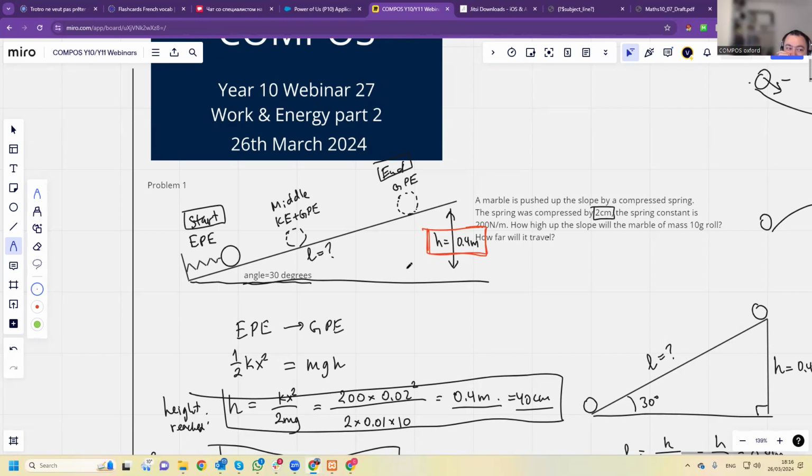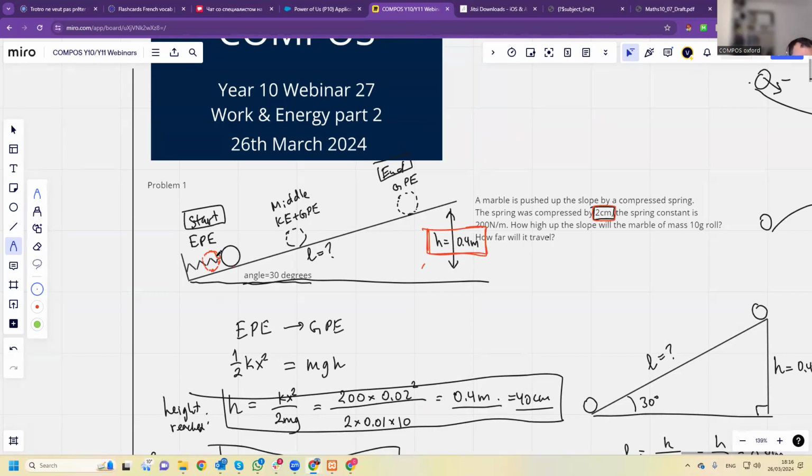No frame of reference. Well, sort of. I forgot about these 2 centimeters. Where are they? Do I include them at all? Because the ball started here, because the spring was compressed and then released.